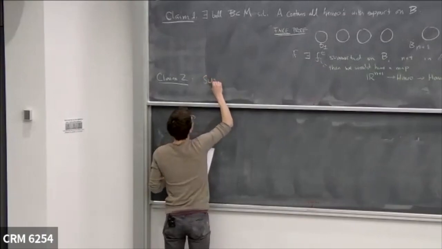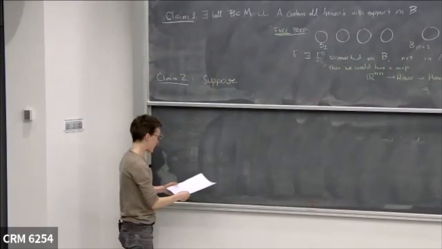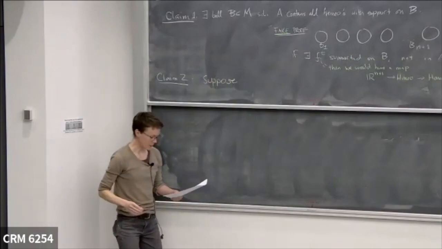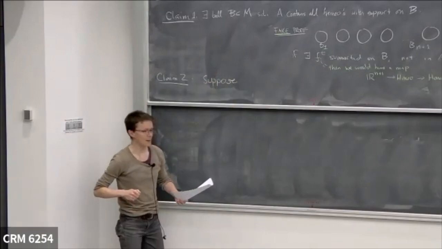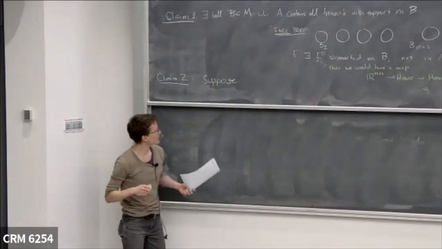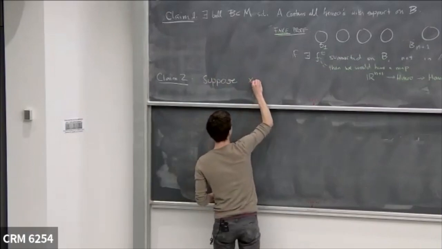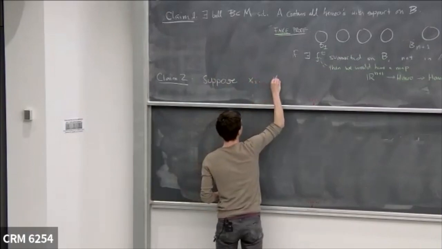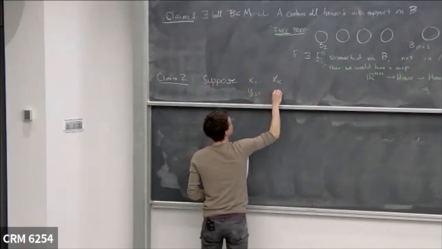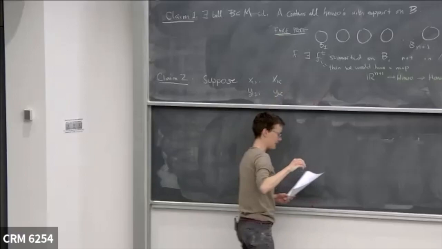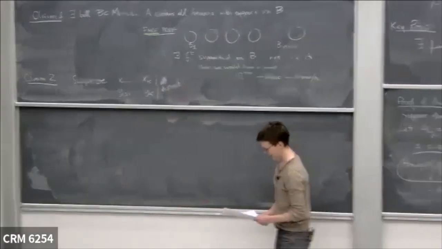Suppose, again with my setup, I could find a bunch of distinct points that were in different orbits, different pairs. So let me take x1 up to xk, and y1 up to yk, all distinct. The reason I named some x and some y is the following.